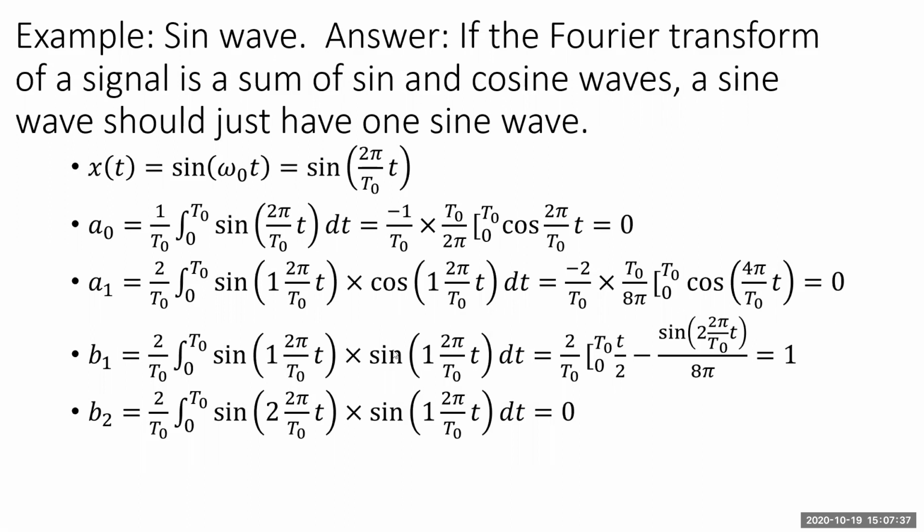So if you're finding the integral of sine squared, it really should be non-zero. It's almost like a full wave rectifier. And it turns out that we get 1. So what does that 1 mean? That means this sine here is multiplied by 1. And so B1 is really 1 times the original frequency. Does it exist at other frequencies? Well, you find out that it's 0.